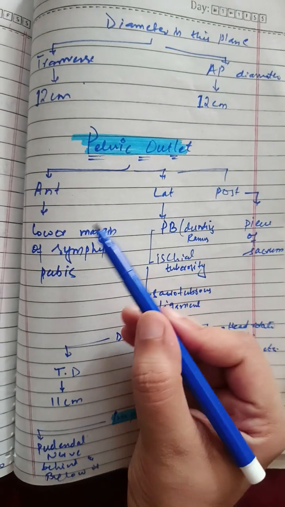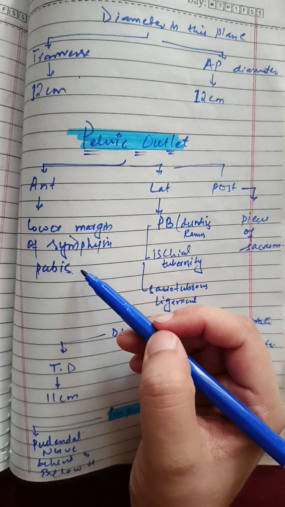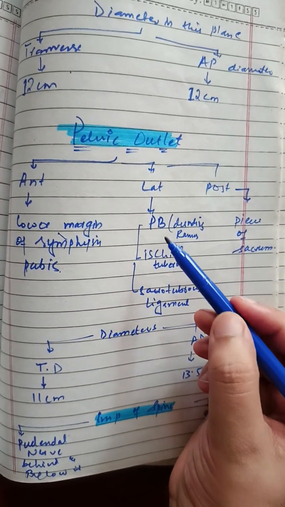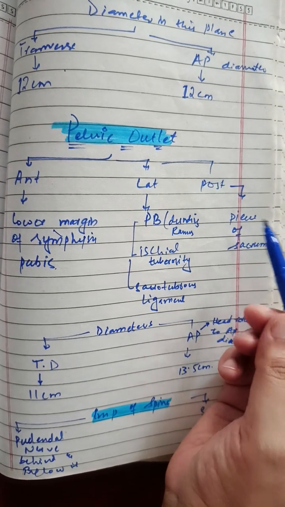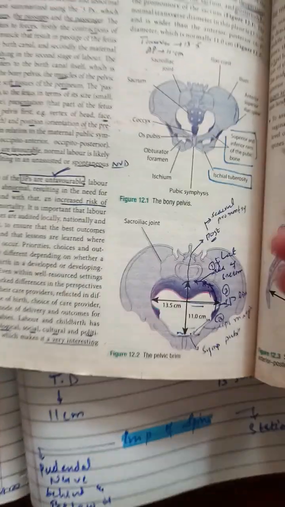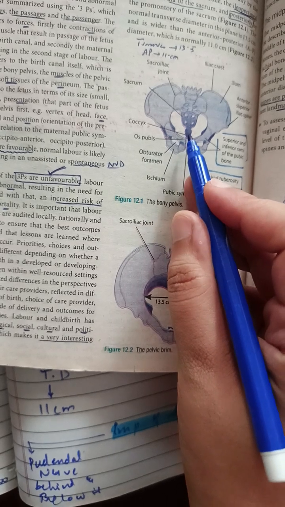In the pelvic outlet, anteriorly it is lined by the lower margin of the symphysis pubis, laterally by the descending ramus of the pubic bone, the ischial tuberosity, and the sacrotuberous ligament, and posteriorly by the last piece of the sacrum.